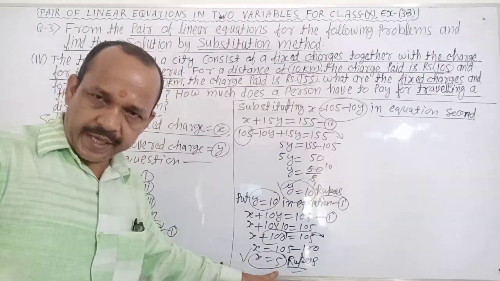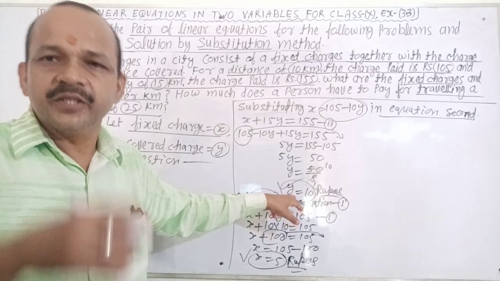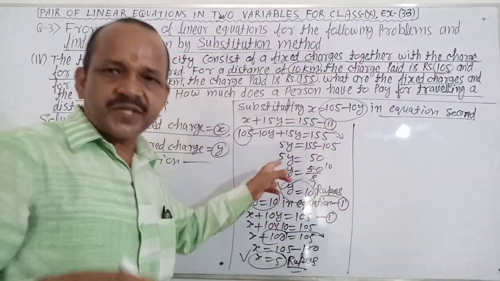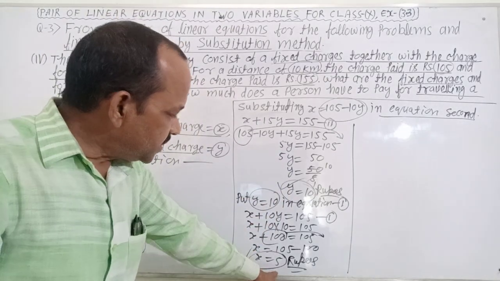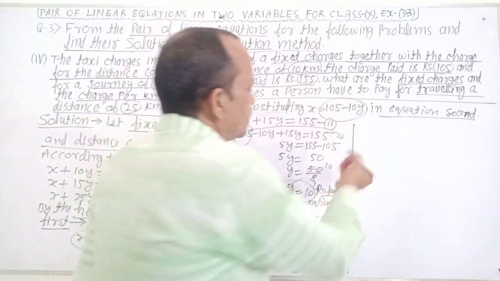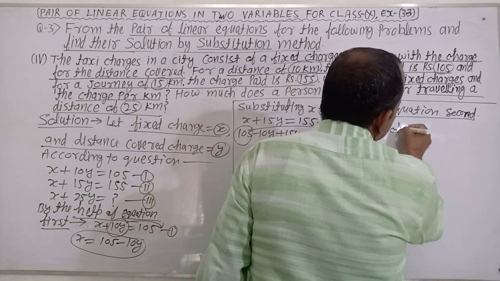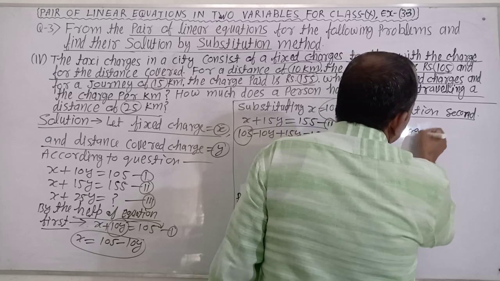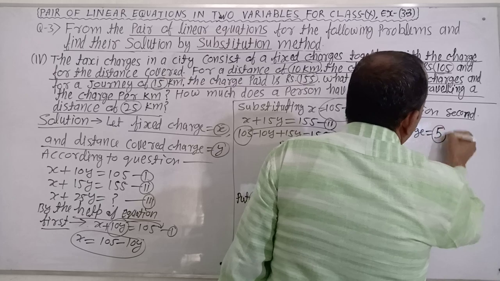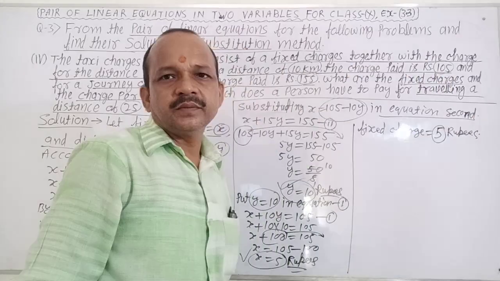It is fixed charges and it is additional charges or distance covered charges. Hence, fixed charges equal to 5 rupees.